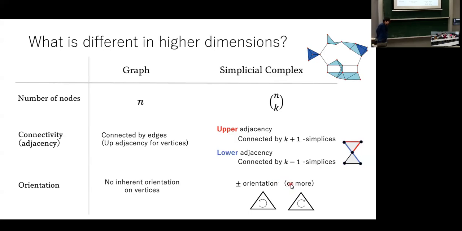Actually, more asymmetric orientation can also be considered, which is studied under the name of path complex. But we are just thinking about this plus-minus orientation. So I think those are the key differences that make the study of simplicial complexes different from that of graphs, and make it more complicated and maybe interesting.